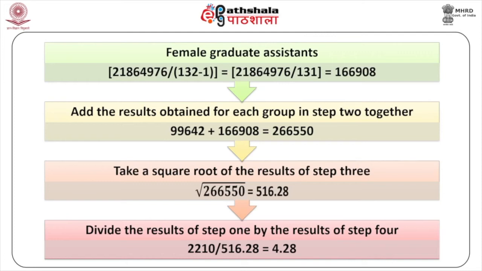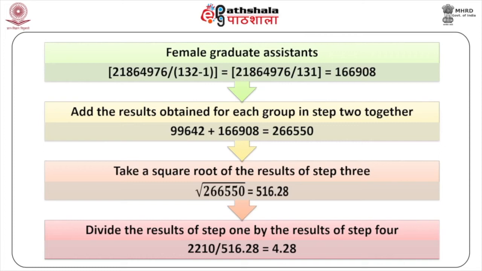And for female graduate assistants, we have 21864976 divided by 132 minus 1, that is 21864976 divided by 131, which comes out to be 166908. Next, add the results obtained for each group in step 2 together, that is 99642 plus 166908, which comes out to be 266550.